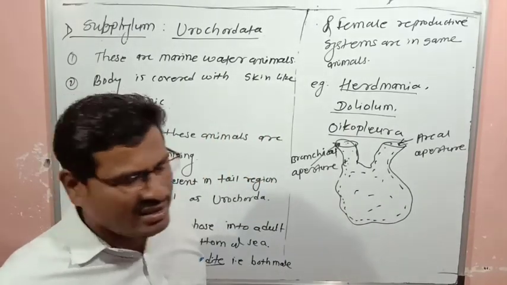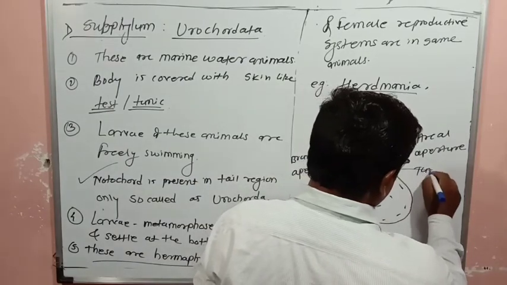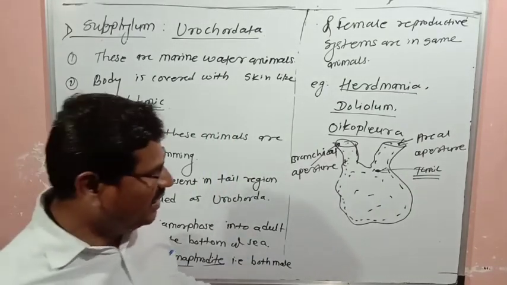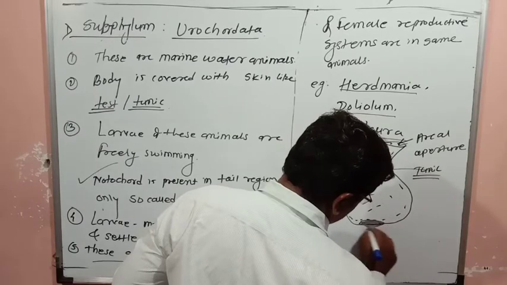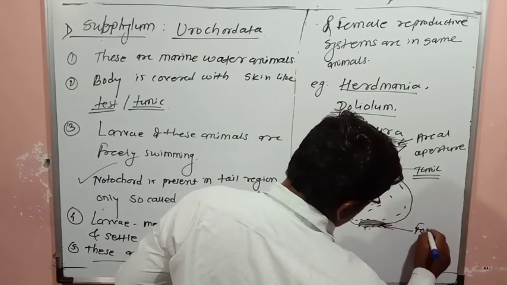And another one is there, tunic. You can give the name here, tunic. And at last, downside you will draw like this way, and it will be foot. This one will be foot.